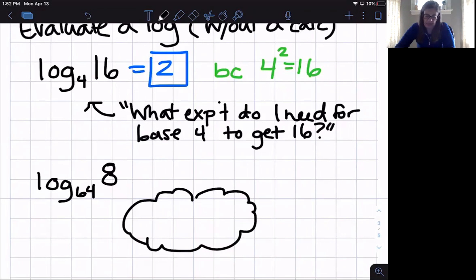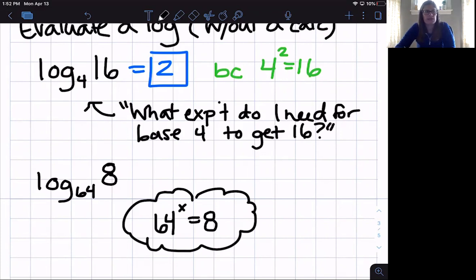Okay, what did the mathematicians mean when they wrote this? The base is 64. So there's some exponent. I'll put an X up there. I don't know what it is. And it's got to be equal to 8. Okay, so 64 to what exponent equals 8?